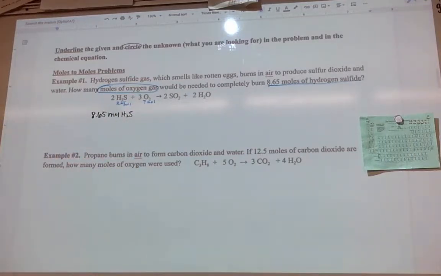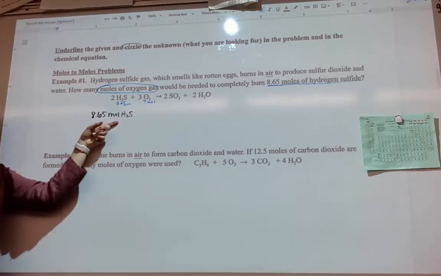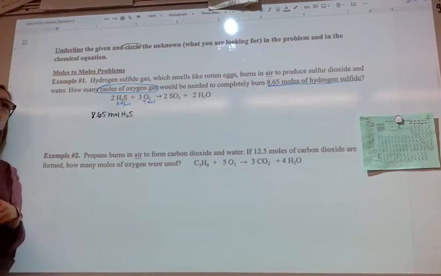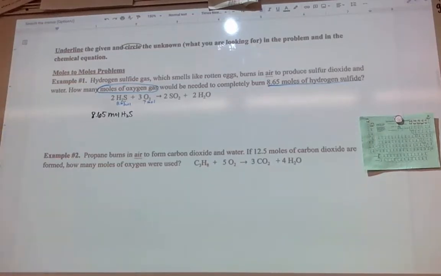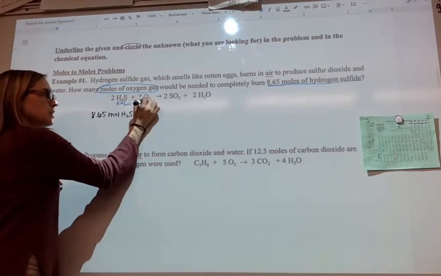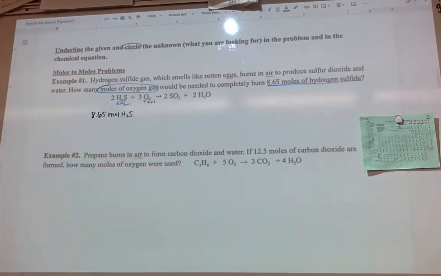Is my given information already in moles? Yeah. Your given information is already in moles, so you don't have to worry about converting. So step 2 is done. Now step 3, this is the new part for us. We need to go from H2S to oxygen gas, O2.